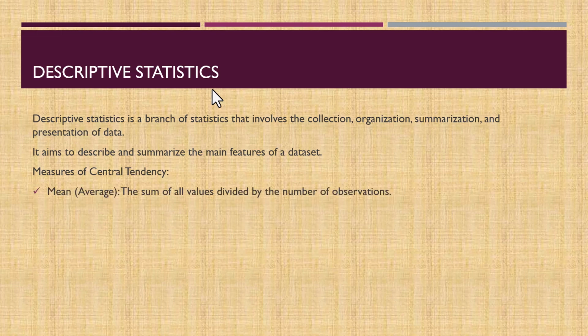So the measures of central tendency, we have the mean. Because measure of central tendency is part of descriptive statistics. And in central tendencies, we look at the mean or average, and the mean is the sum of all values divided by the number of observations.